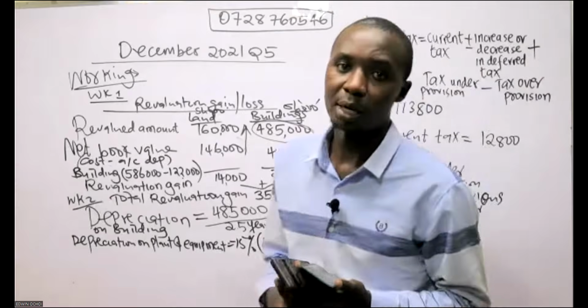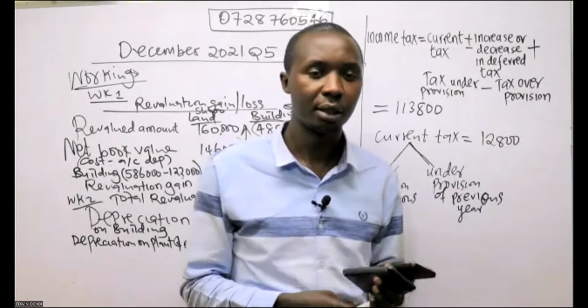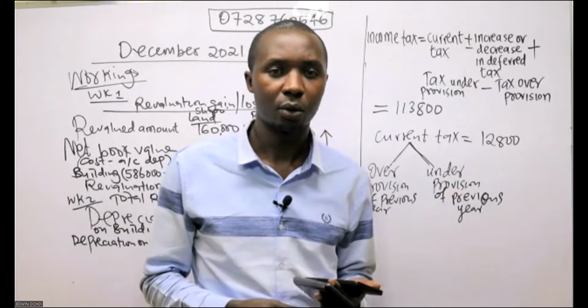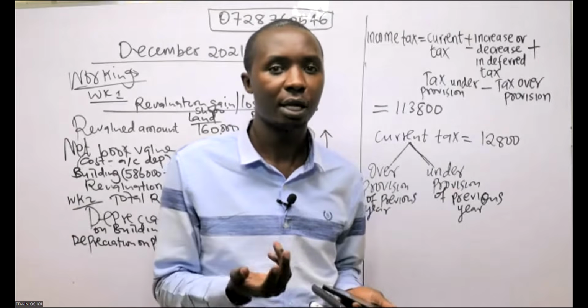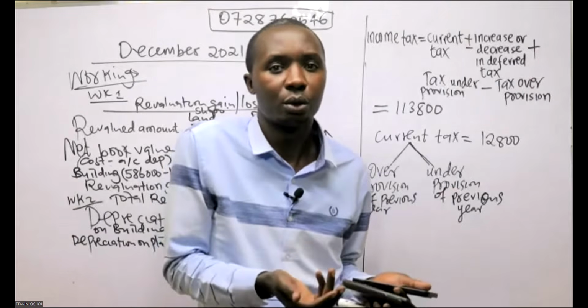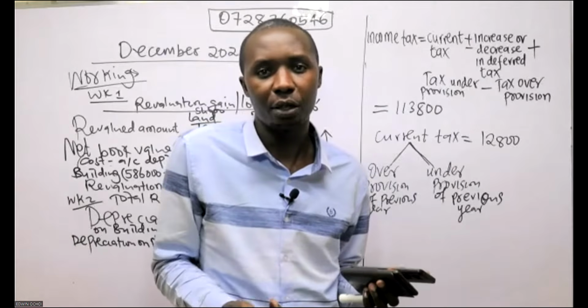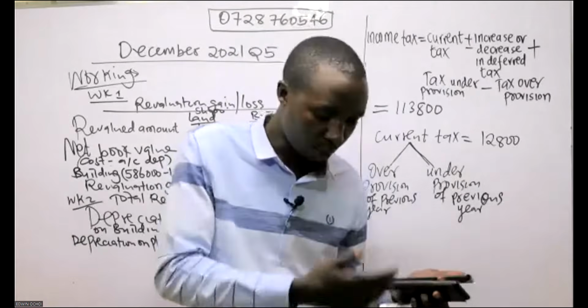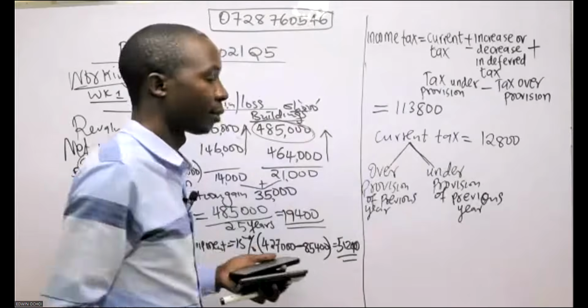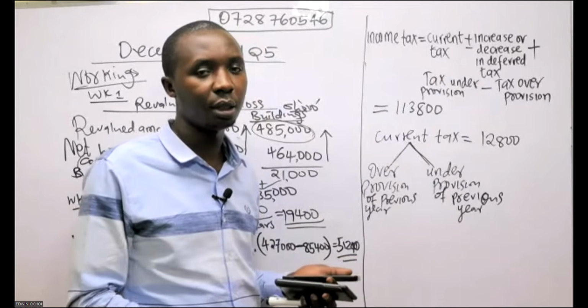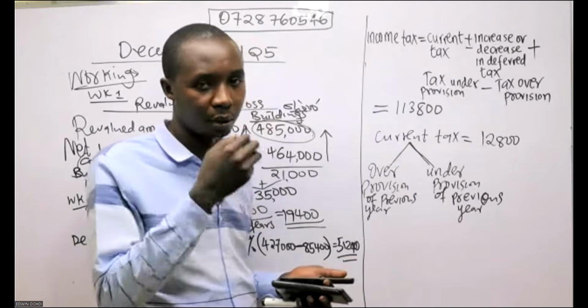Remember that if we made an over provision of tax in the last year, in the current year, what will the over provision do to the tax we are supposed to pay in the current year? Let's start with over. Will it increase or reduce?